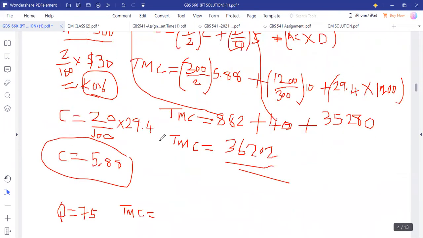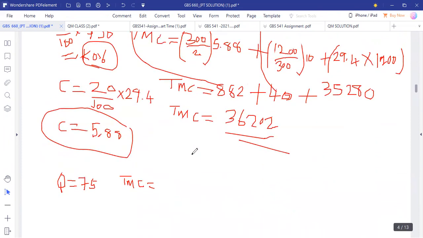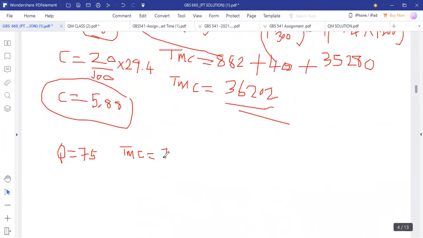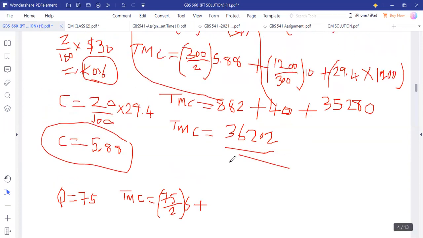So for our carrying cost, we put 75 over 2, then multiplied by the carrying cost, which is 6 kwacha here, or $6.